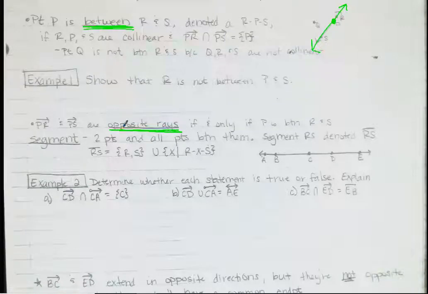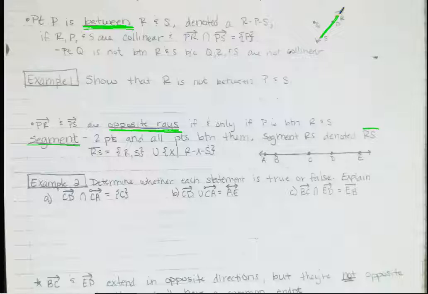All right, a segment. I left this one, you don't have to write it. A segment is 2 points and all points between them. So in this case, segment RS is denoted with a line over it, just a straight line, no arrows. If we look up at our same line there, that's our segment RS.